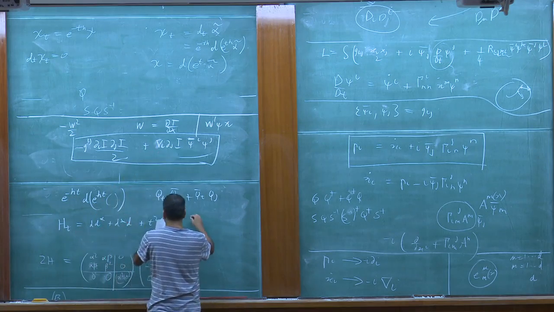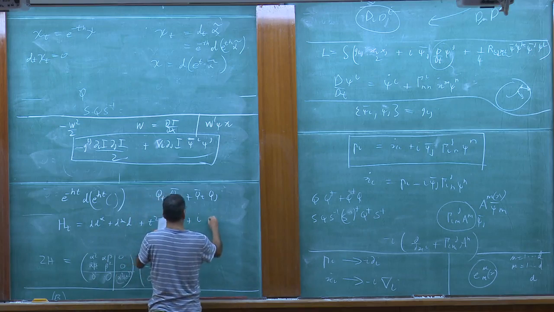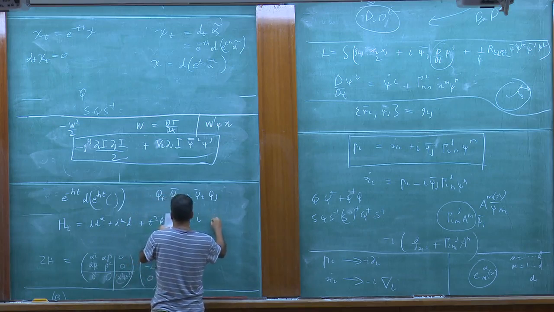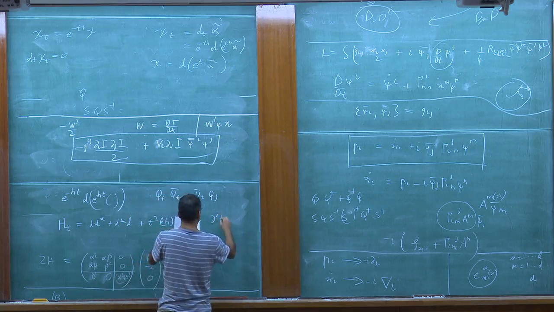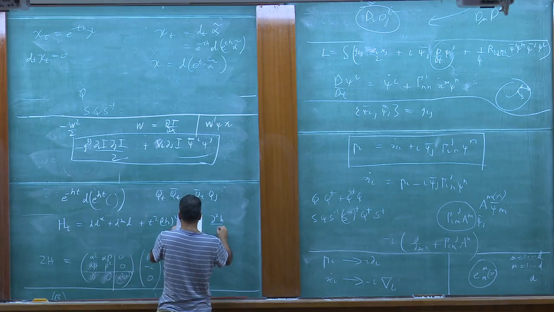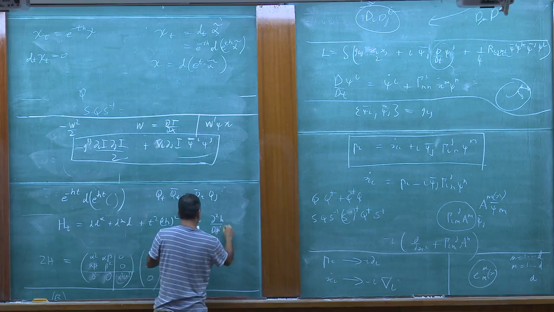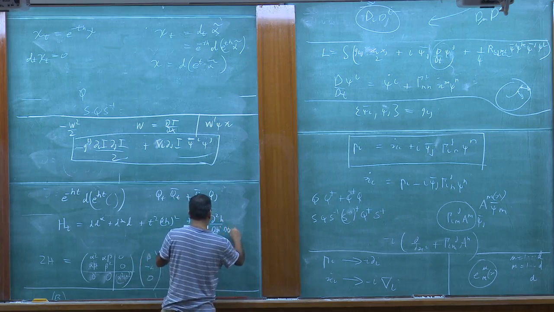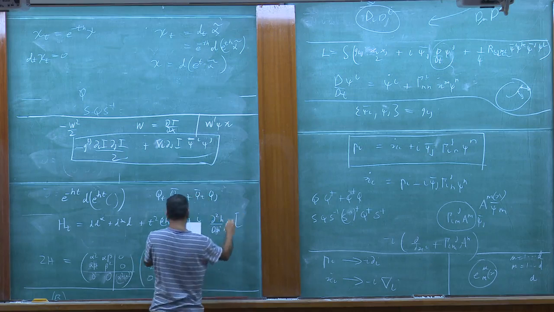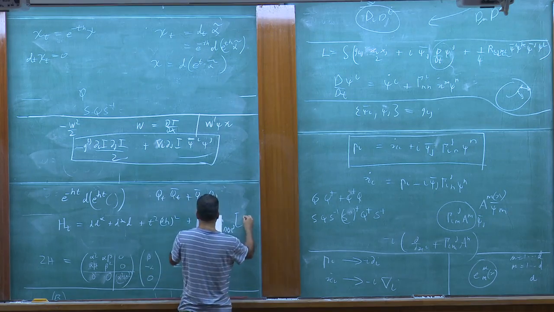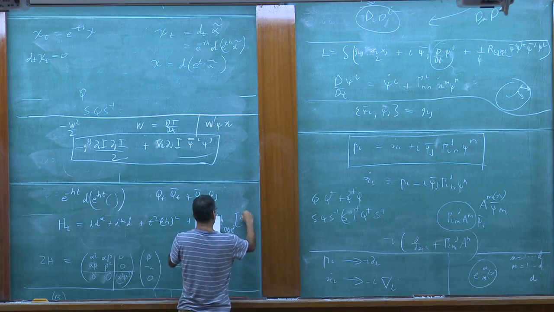Plus t d squared h by d phi i d phi j, and he puts an explicit commutator here, psi i bar psi j commutator.